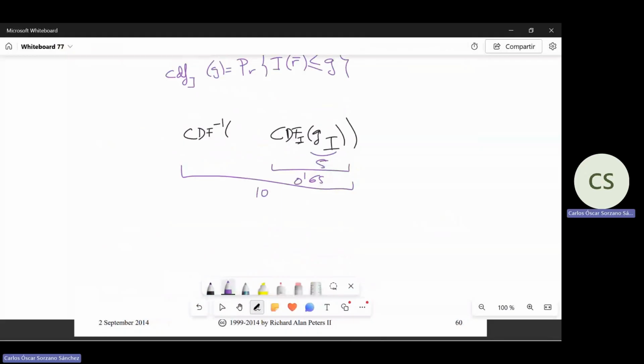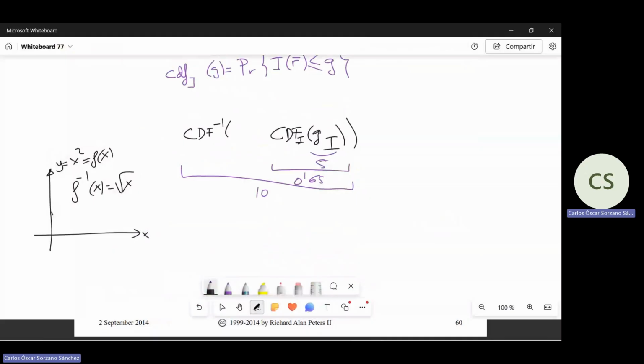Let's see why. CDF goes from gray to probabilities. CDF minus 1 is the inverse of that function, not 1 over the value, but the inverse function. If we have y equals x squared, and this is f of x, then f minus 1 of x is the square root of it. So inverse in this sense, not 1 over f.